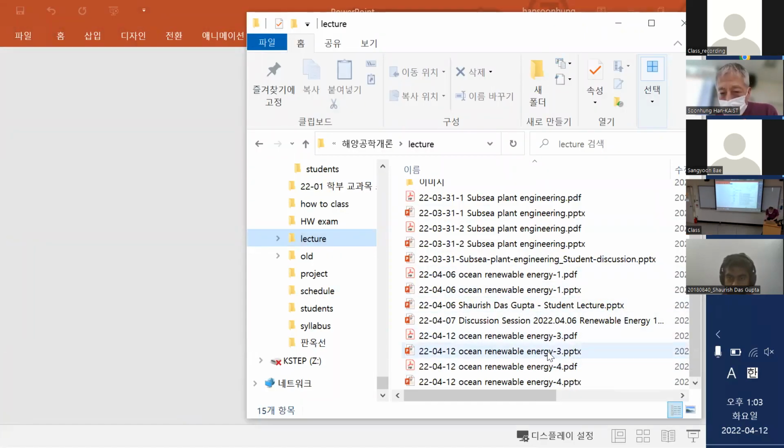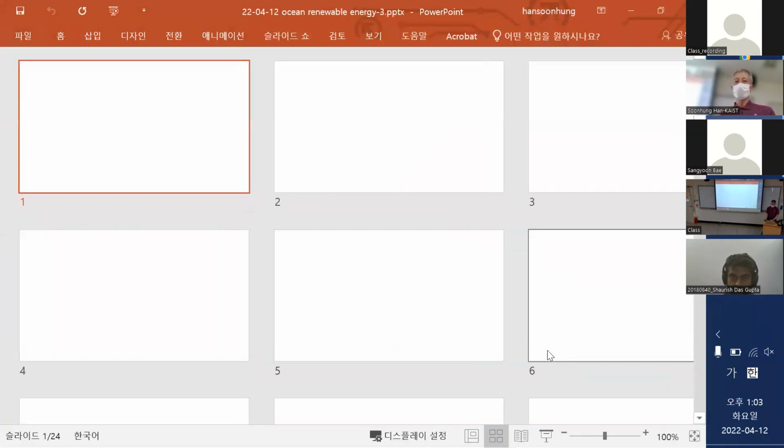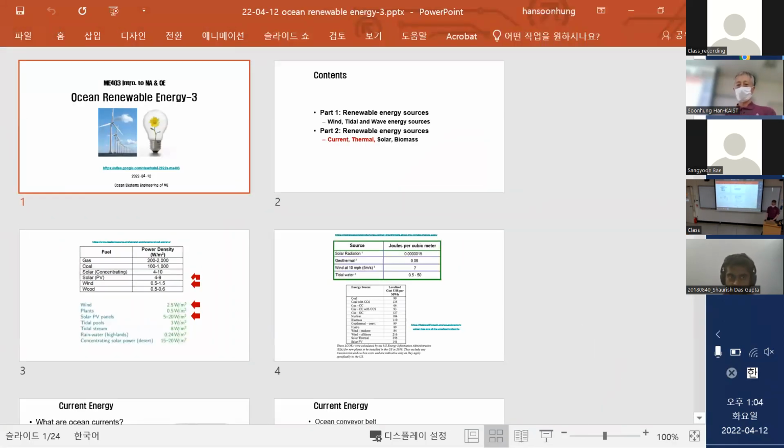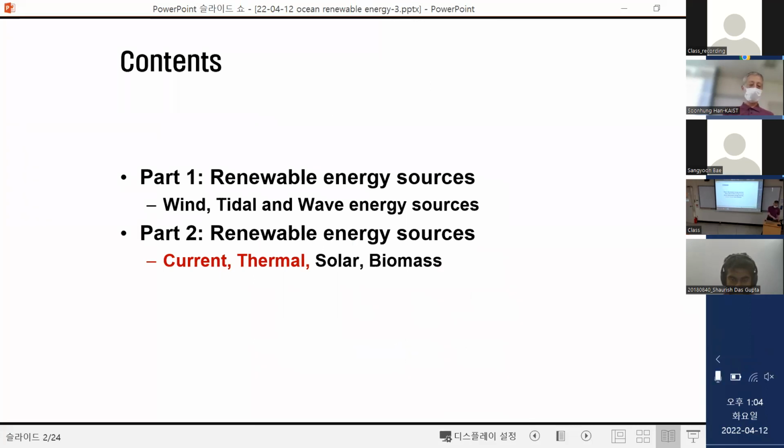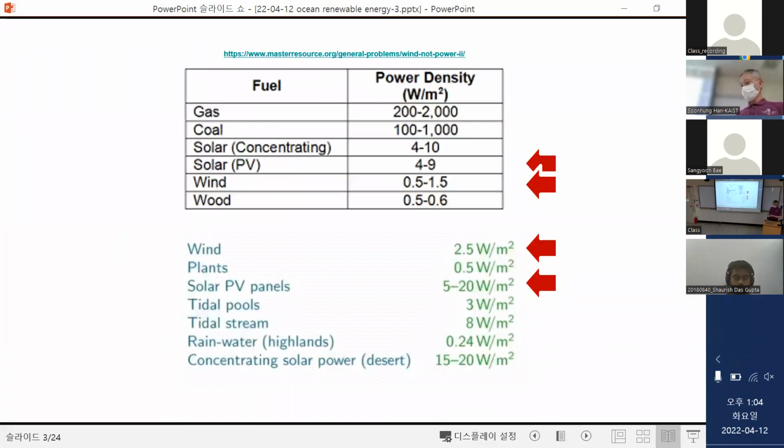Motion renewable. So the third part, I will cover the current part, also ocean thermal energy and ocean current energy. There are variations in the numbers, so you should be careful.